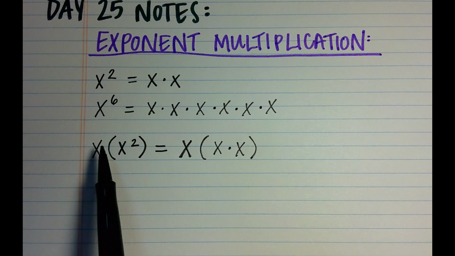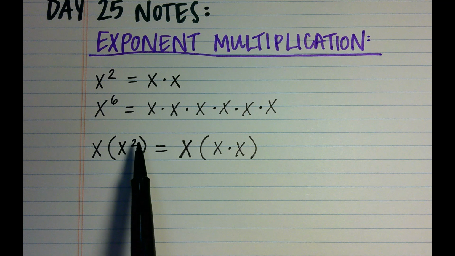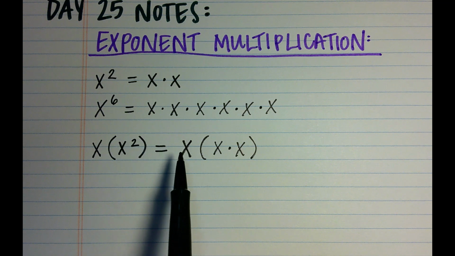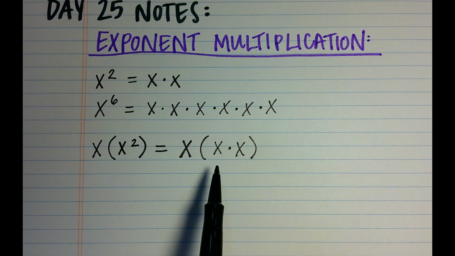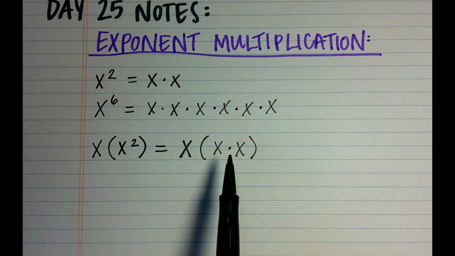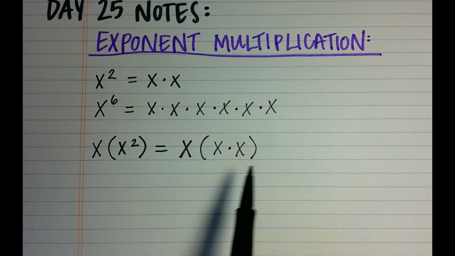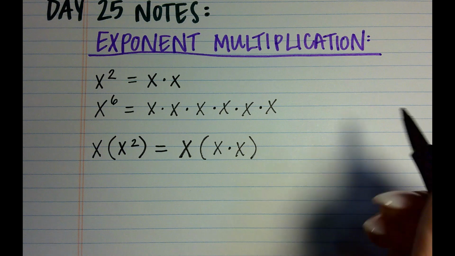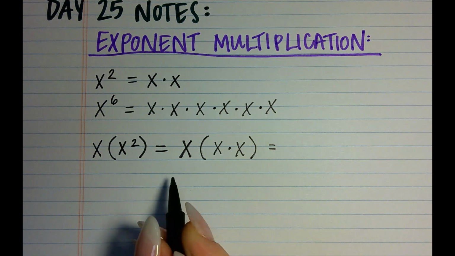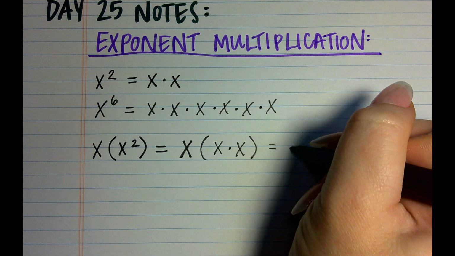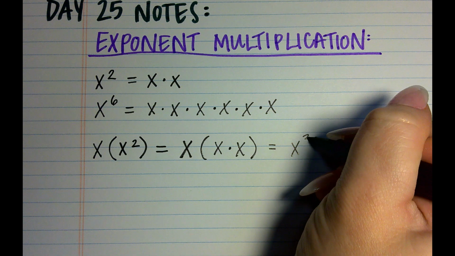Now I have x times x squared, which is the same thing as x times x times x. How many times did I multiply x? How many x's are here? 3. So my exponent is going to be 3.